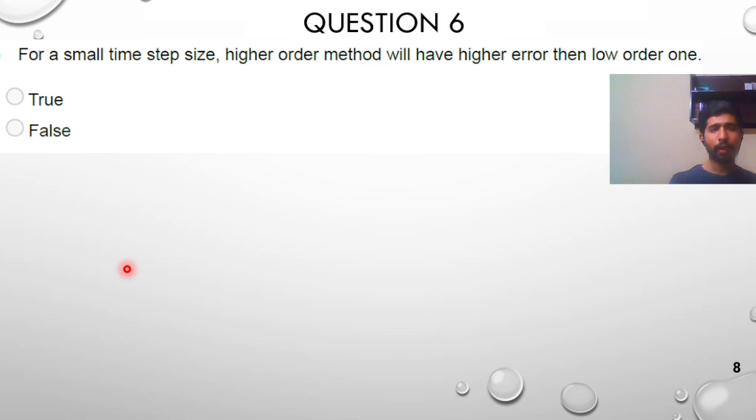Okay, and for a small time step size, higher order method will have higher error than lower order one. Is this true or false? What is meant by a higher order method?